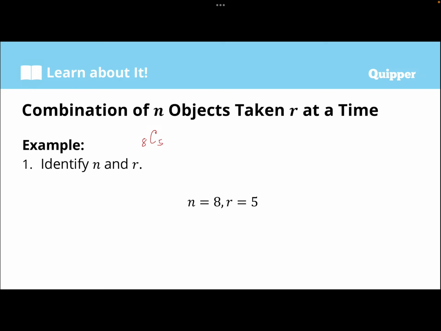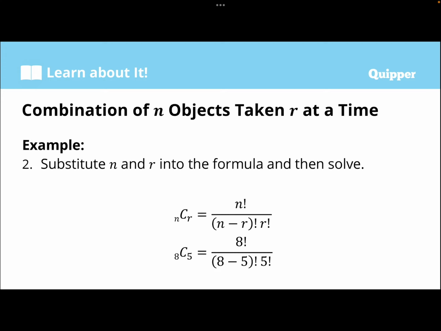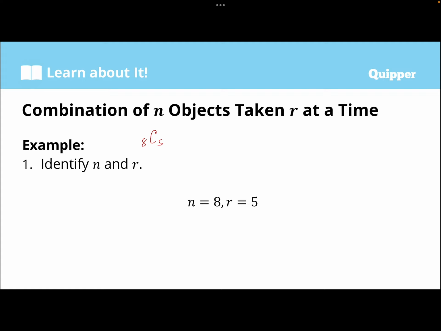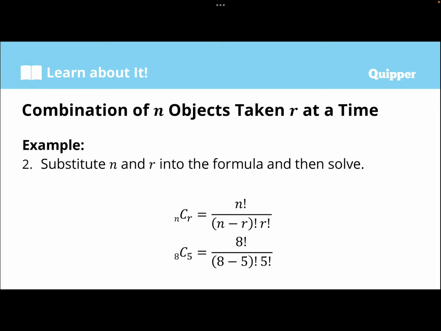So our n here is 8 and our r is 5. Now, after getting the values of n and r, we can substitute into the combination formula. So substitute the value of n as 8 and the value of r as 5.